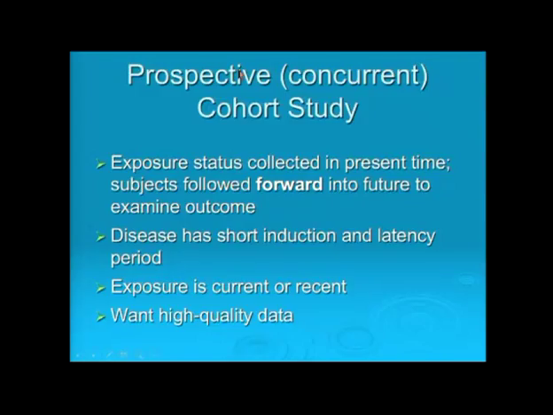You want to do a prospective concurrent cohort when the exposure is current or recent. So, for instance, when there was the nuclear reactor problem in, what's the name of the place where they had the meltdown? In Russia, was it Russia? Chernobyl, thank you, Chernobyl.